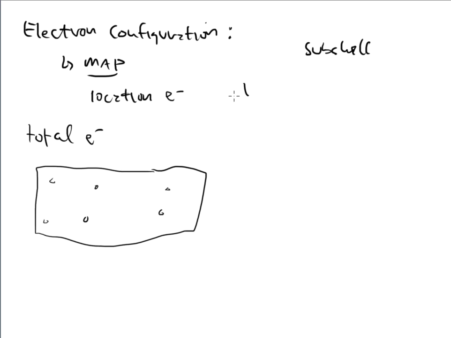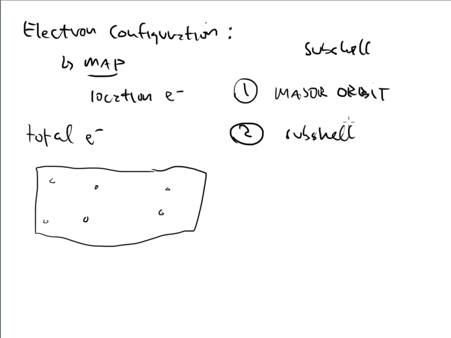Number one, all of the electrons have what we call a major orbit that they will play in. So this is the main highway. And off of this main highway, we will have something called a subshell. And that is the road or the exit that we're going to take off of that main highway that we are going to find these electrons in.